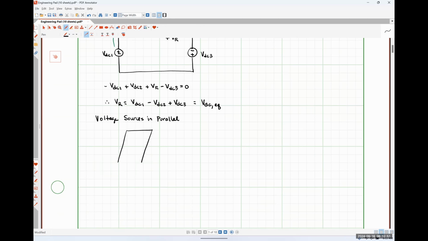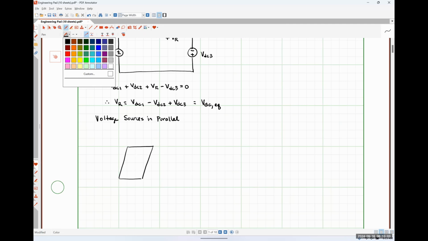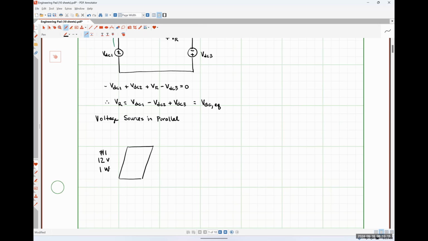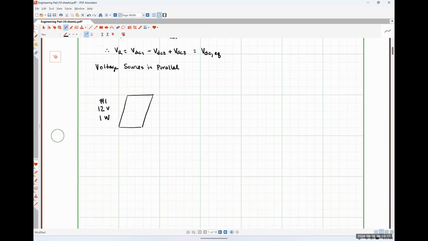This diamond shaped thing is supposed to be a solar panel. Actually, let me move that down so I can draw some leads. So we've got a solar panel, panel number 1, rated for 12 volts and 1 watt of power.